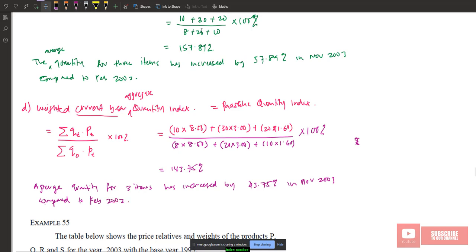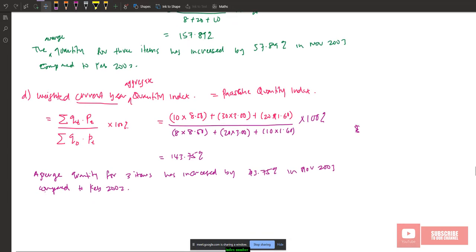So that's how we calculate the weighted current year aggregate quantity index. Right.